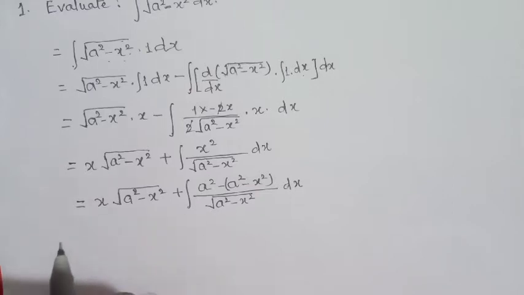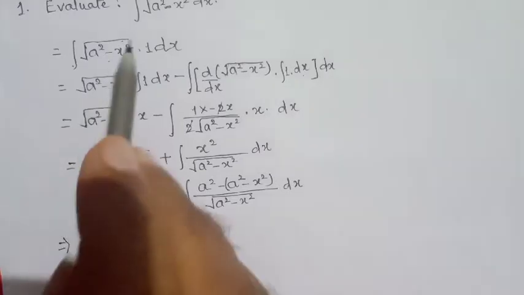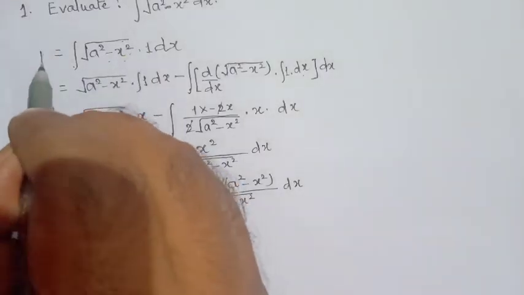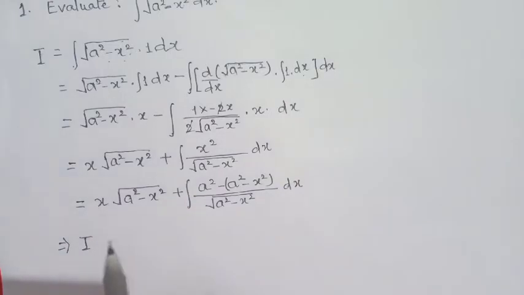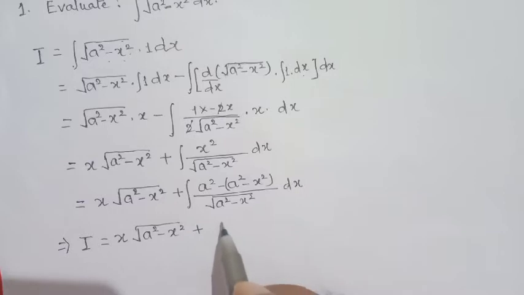Then our I, that question I, should be written as I is equal to x under root a square minus x square plus integral of a square by under root a square minus x square.